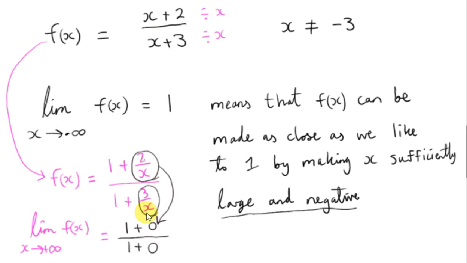And similarly for 3 over x, we can make 3 over x as close as we like to 0 by making x sufficiently large. So f of x can be made as close as we like to 1 by making x sufficiently large. So the limit as x tends towards plus infinity of f of x is indeed plus 1.